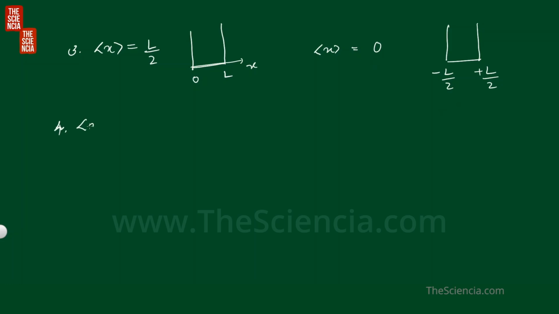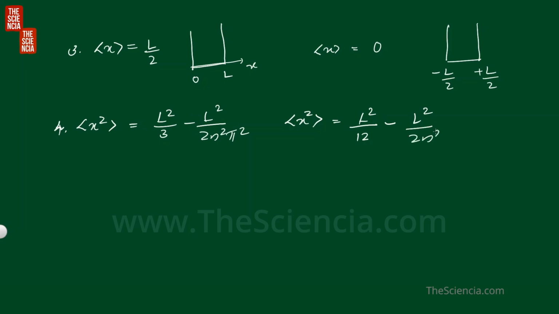Fourth one, the expectation value of x square for the unsymmetric box. That is also something we already discussed, equal to L square by 3 minus L square by 2 n square pi square. And the expectation value of x square for the symmetric box is equal to L square by 12 minus L square by 2 n square pi square.